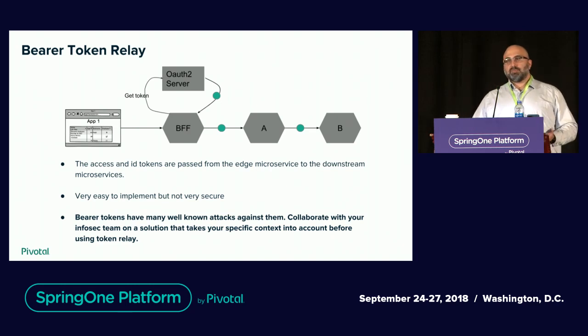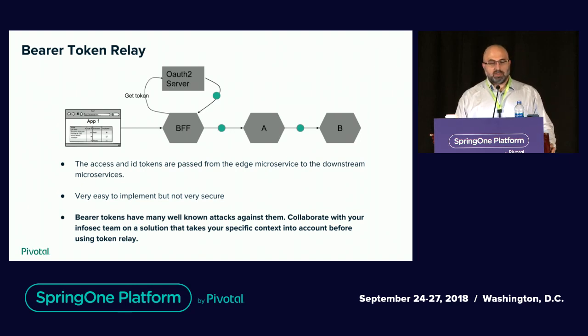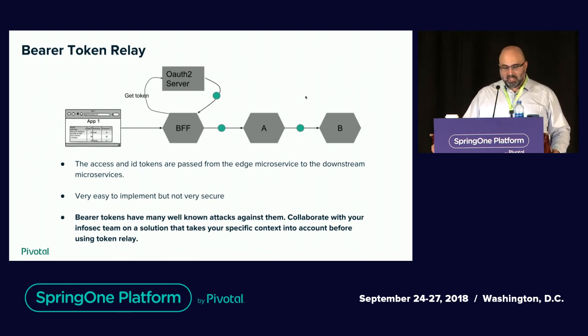So there's two patterns for this. People will do this thing called the bearer token relay, whereby your backend for frontend goes to the auth server and gets a token, and then it forwards that token down the line. This is not good. It's dangerous, and it's very context dependent, so I have one piece of advice.